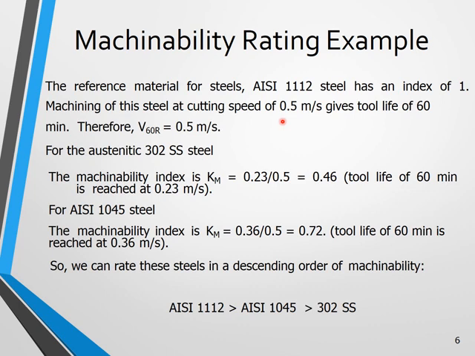Now, once we have set this as the reference material and calculated V60R, we come to our first target material, Austenitic 302 stainless steel. For this, first we calculate its V60, the speed for a tool life of 60 minutes, and that we have found to be 0.23 meter per second.